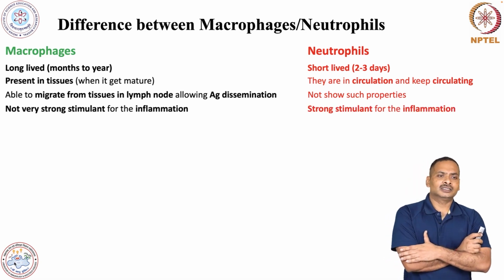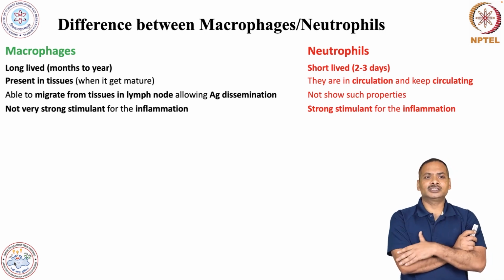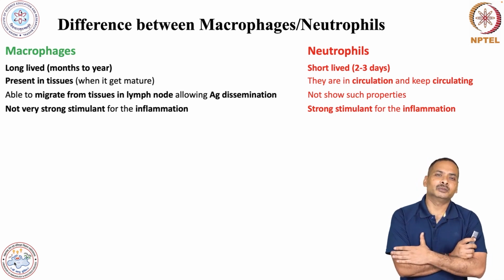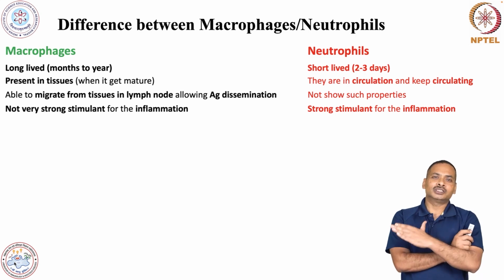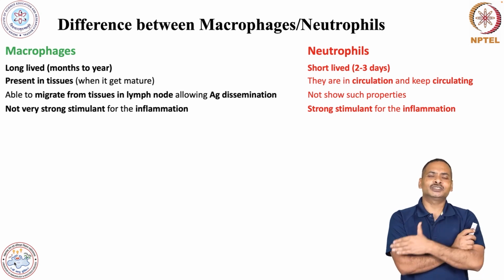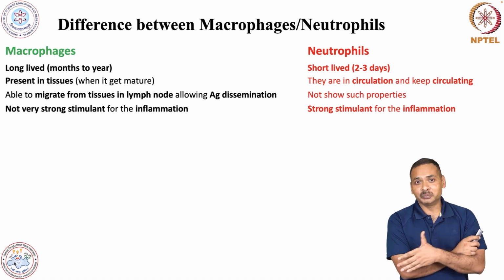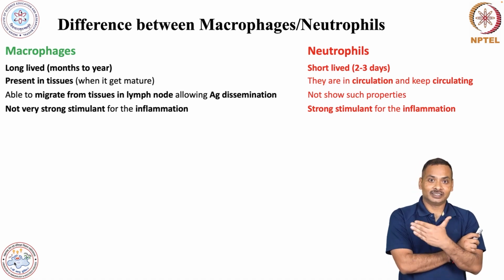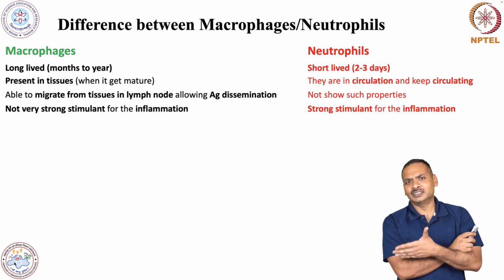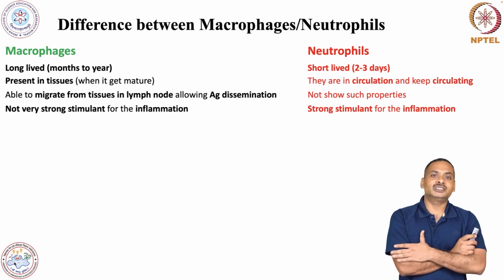Macrophages are not a very strong stimulant for inflammation compared to neutrophils. They do produce inflammation through the production of a variety of inflammatory cytokines such as IL-6, TNF, and IL-1 beta.